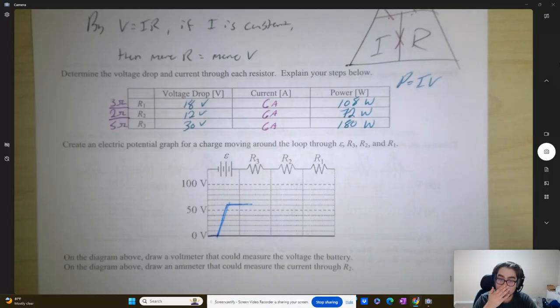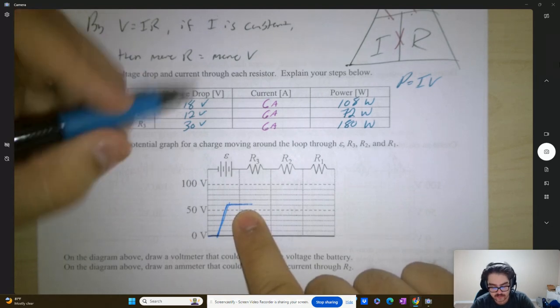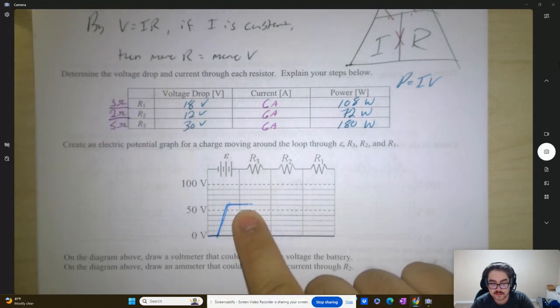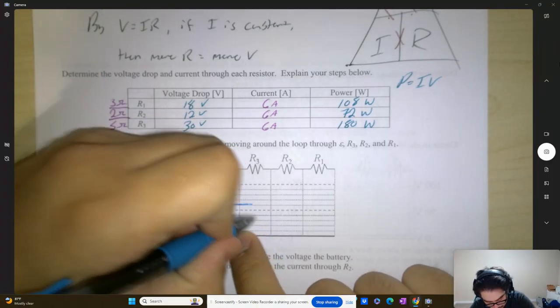It stays at 60 for a while, and then it goes through R3, where we lose some volts. In R3 we have a voltage drop of 30, which means we lose 30 volts. So we go from 60 down to 30.